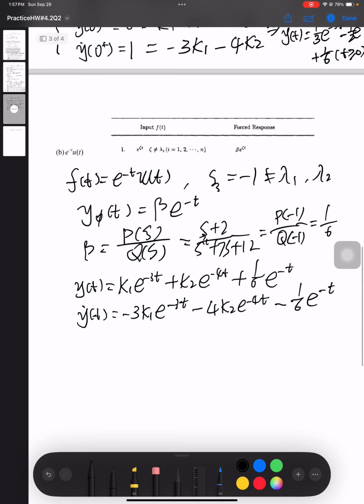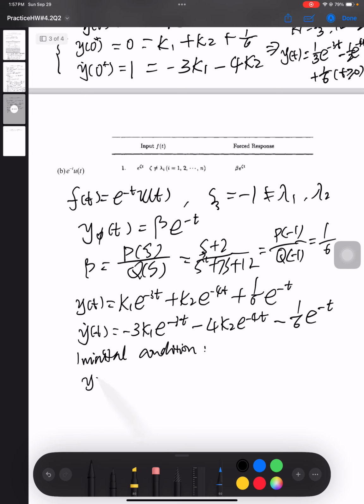Then the initial conditions: y(0) is still the same, equals 0, which is k1 plus k2 plus 1 over 6.